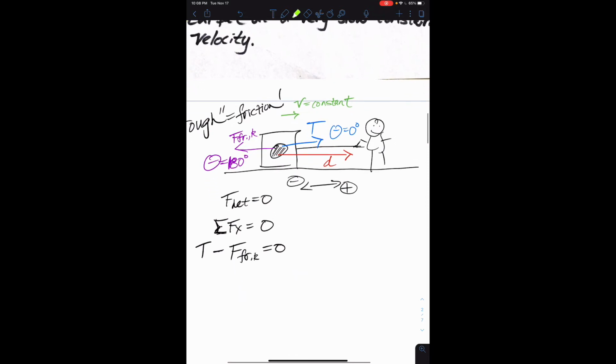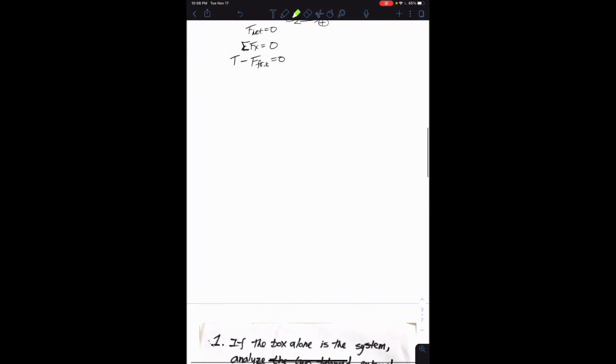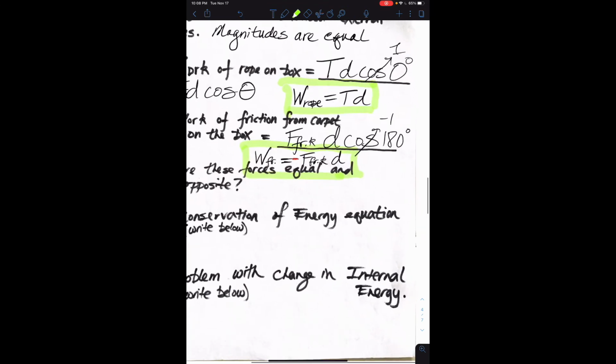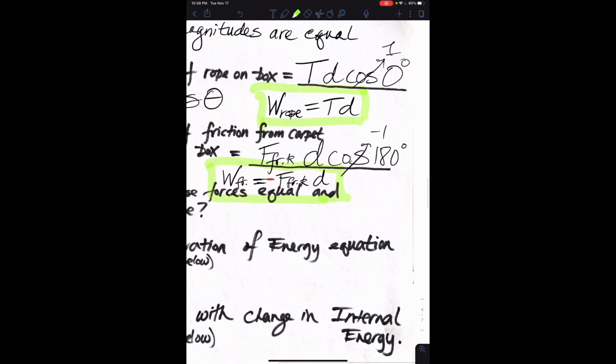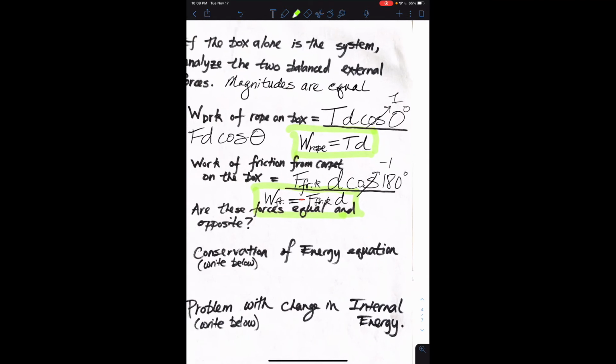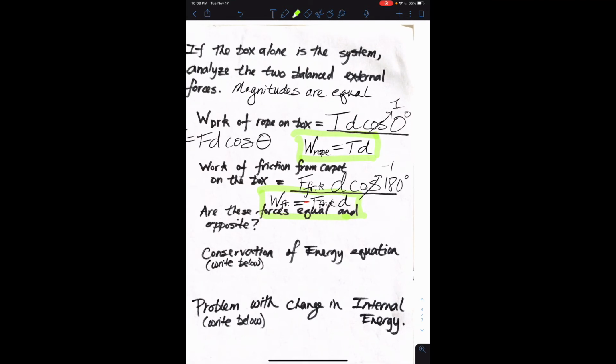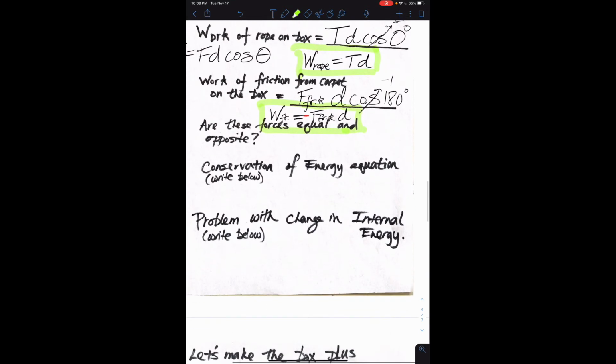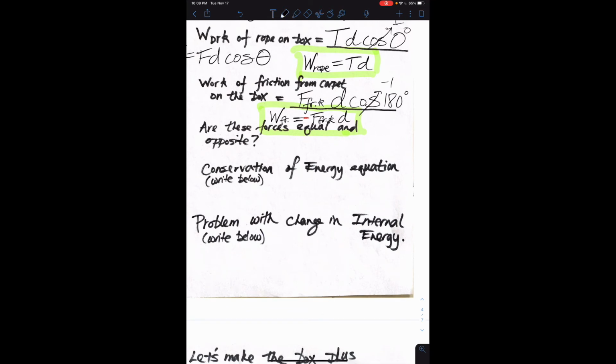The reason that's important is that if their magnitudes are equal, we can see then that if work done by the rope is maybe 10 newtons times the distance, then work done by friction would be negative 10 newtons times the distance. So these work amounts are going to cancel. So let me go ahead and write yes.